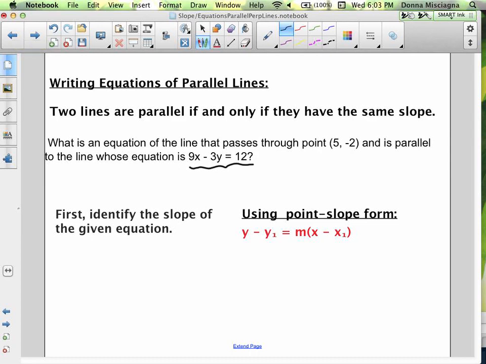Let's put the equation into slope-intercept form. So first put equation into slope-intercept form. Did I ever have a number 2 on that, or on the last one, or did I just write 1?